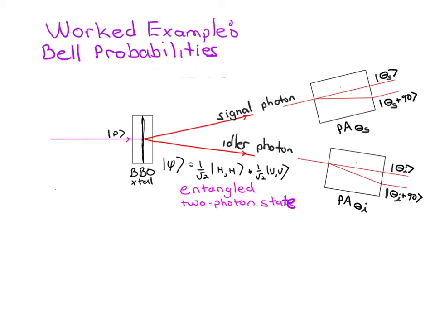Hello. In this worked example, we're going to calculate some of the probabilities that show up in the experimental tests of Bell's theorem when we use these entangled photon states. In particular, the experiment that we're going to describe is one that we are actually doing down in the lab.